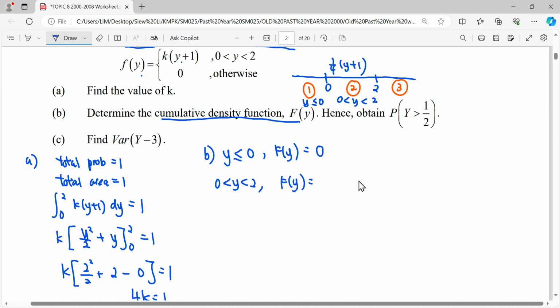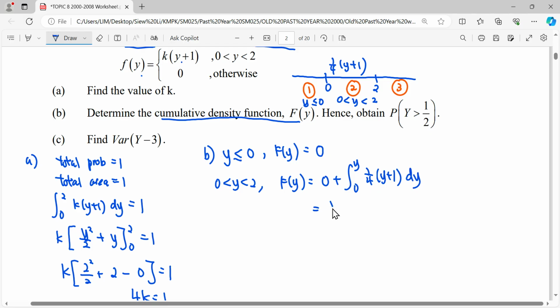To find its cumulative, before that 0, current interval, you integrate starting from 0 up to y, not yet finished until 2, so up to the random variable y for this function, and then integrate with respect to y.